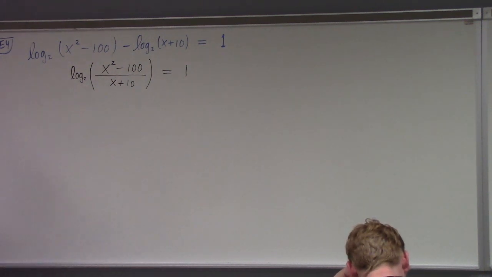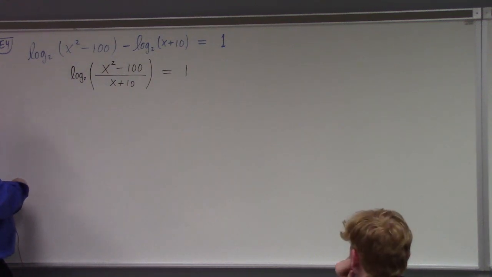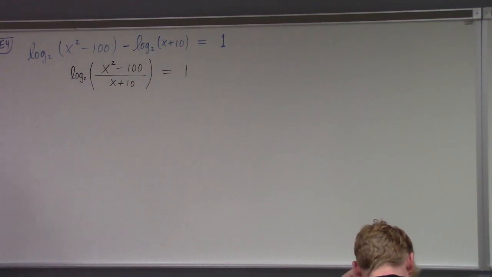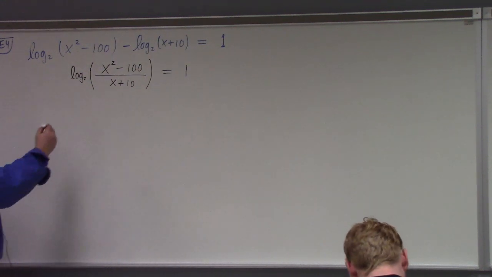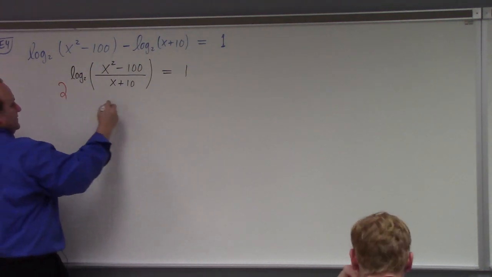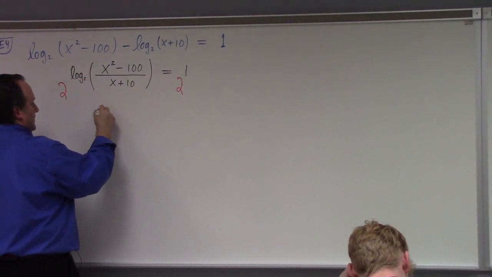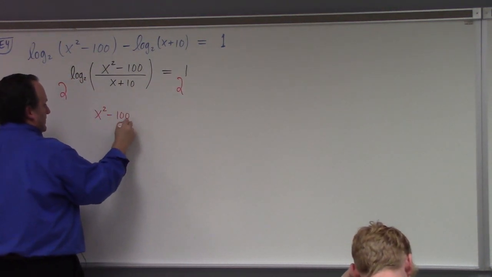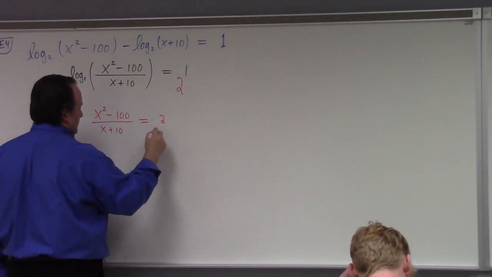Then if I exponentiate base 2, what do we get? We get 2 to the log base 2 equals 2 to the 1, which gives me x squared minus 100 divided by x plus 10 is equal to 2.